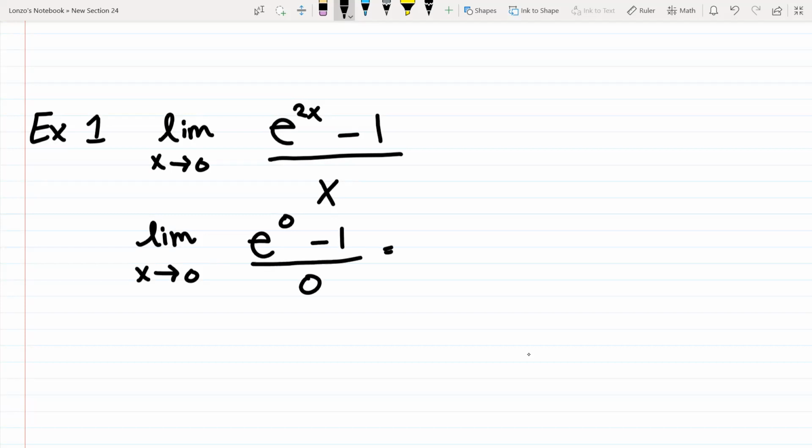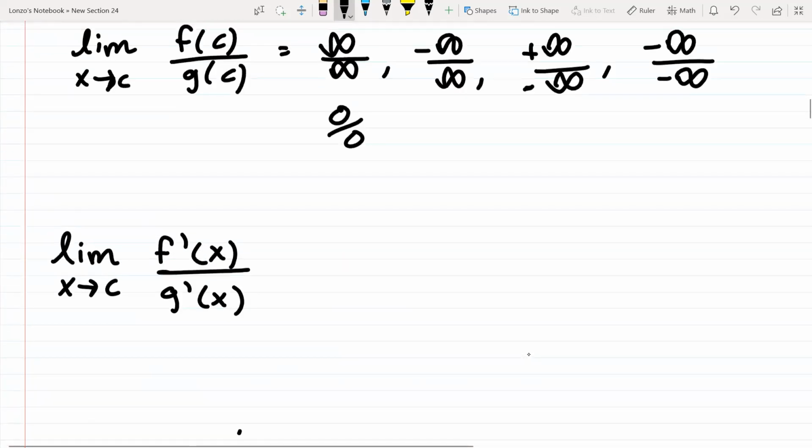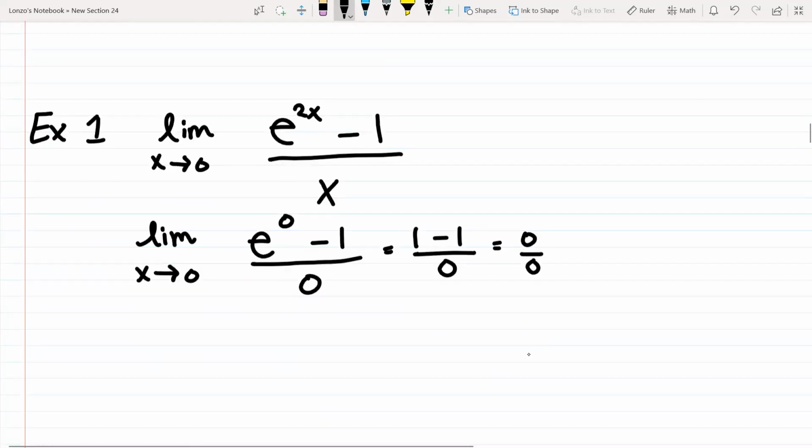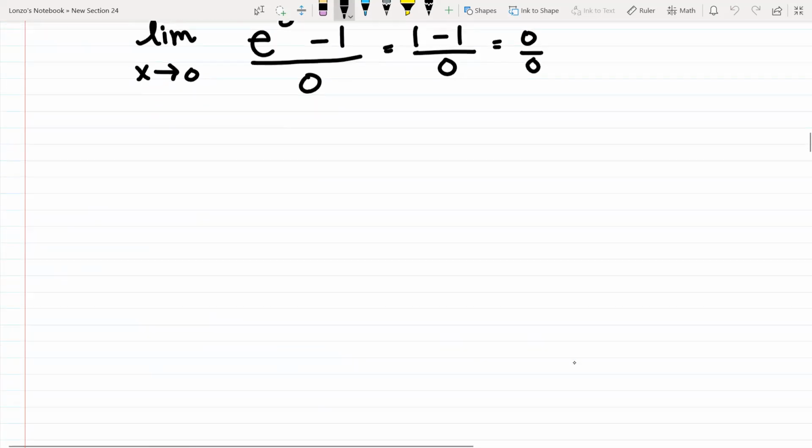And e to the 0 is 1, so 1 minus 1 over 0, which is 0 over 0. So it's one of our indeterminate forms, right? We can't have 0 over 0. So what we're going to do is take the derivative of the numerator and the derivative of the denominator.